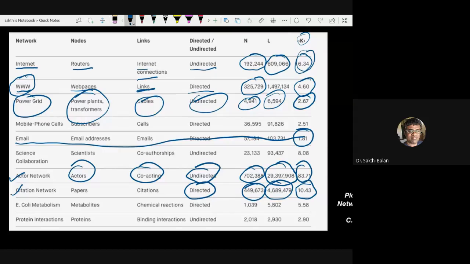Another important point that you need to look into when you are looking at this kind of network is this: in basic graph theory, the graph in front of you is well defined, the number of nodes is not going to change, and the number of vertices is not going to change.